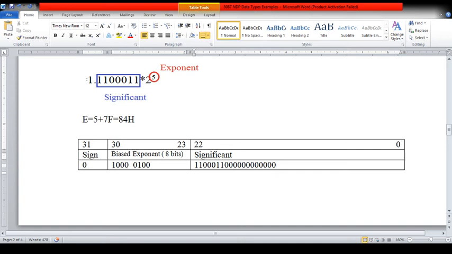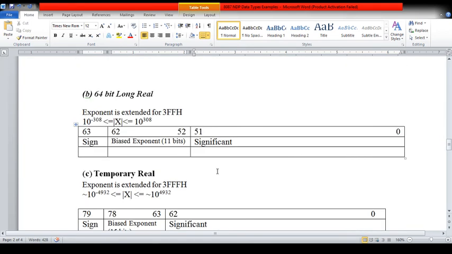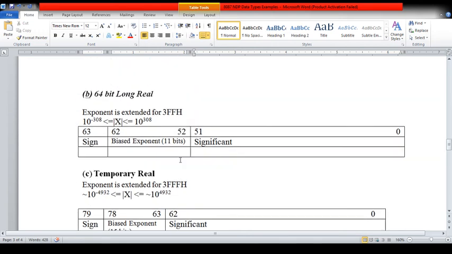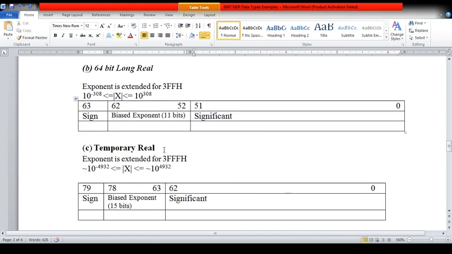I hope you have understood this point. In the same way there is one more format, 64-bit long real, and temporary real. The difference between the first type and the second type is only the length, 0 to 64 and 0 to 79.